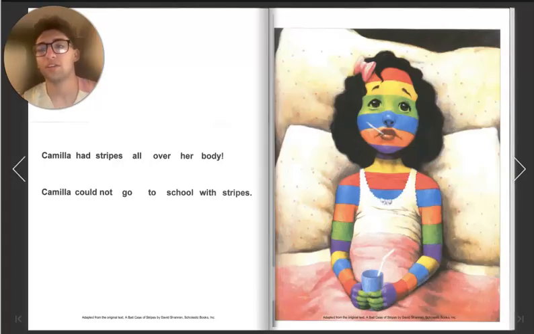Our main character, Camila, feels exactly this way from the beginning of the story. Our new vocabulary word today is affection. In the story, Camila's parents show her affection. Affection means a gentle feeling of liking or caring for someone. You might show affection by giving a hug, saying I love you, or making someone their favorite meal.